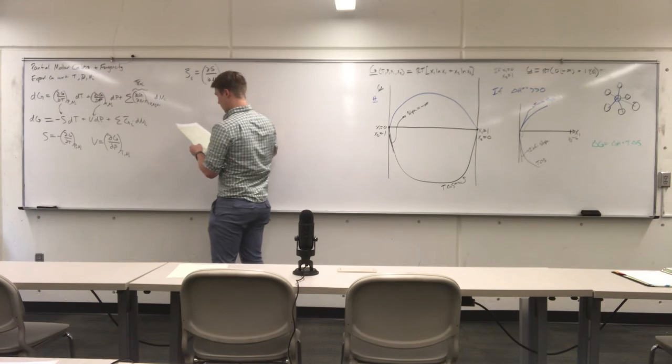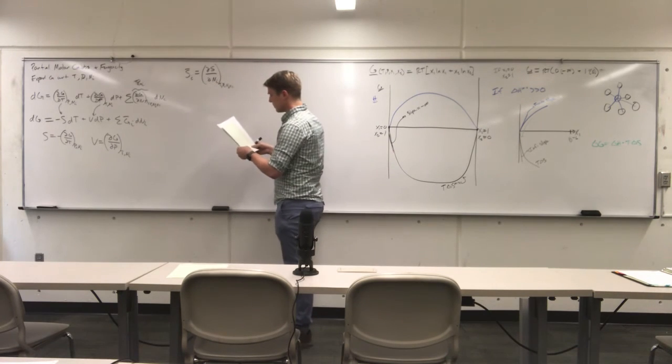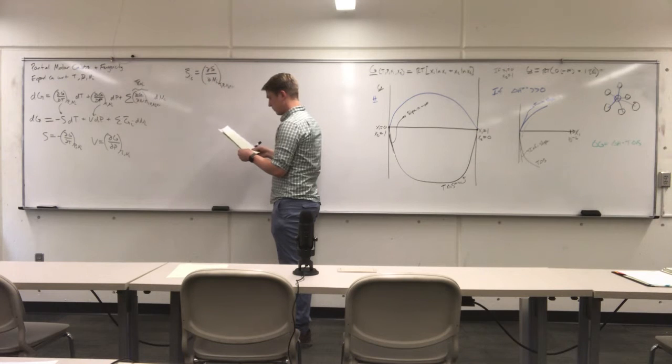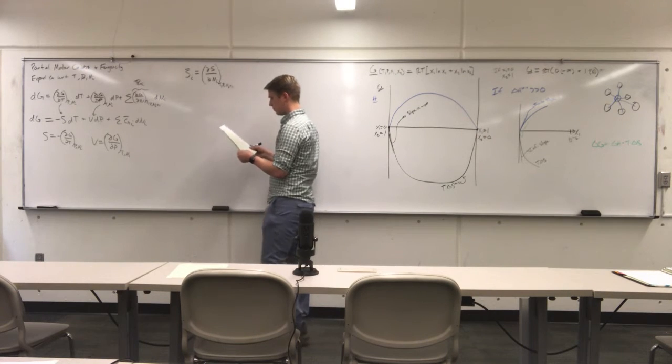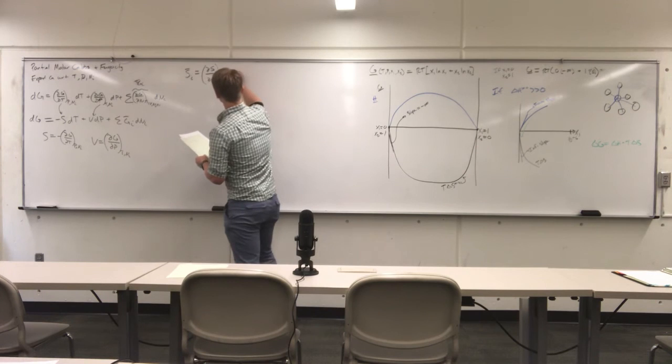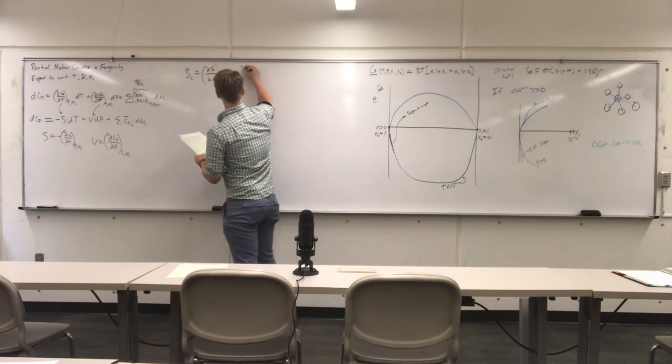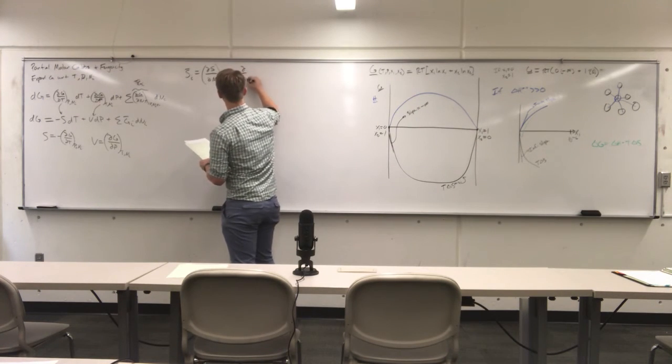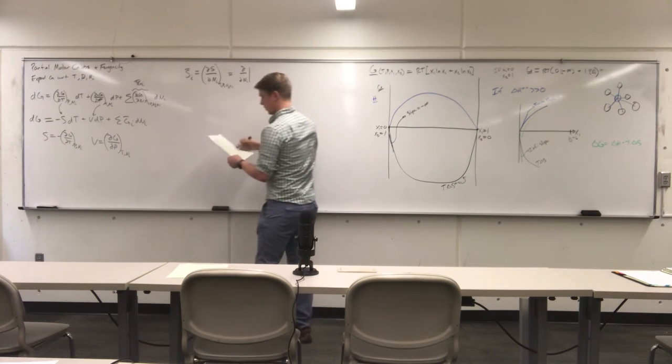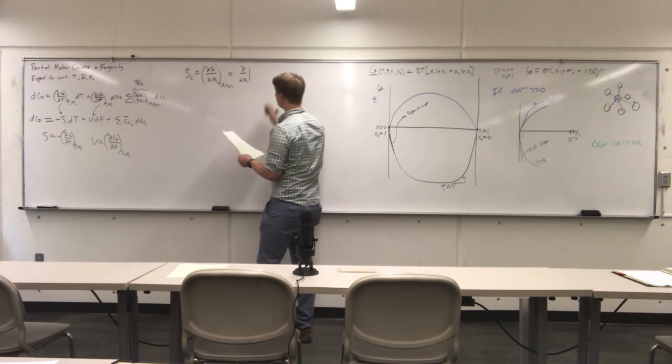Or sorry, J not equal to I. Now this is equal to, I'm going to drop the little subscripts over here to make it a little bit easier to read.